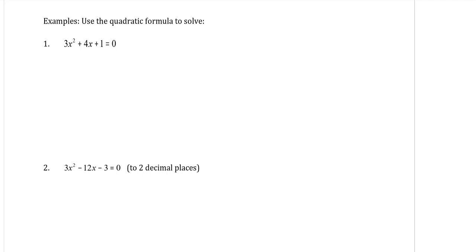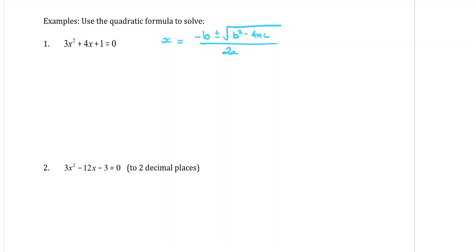So question number 1, our quadratic is 3x squared plus 4x plus 1 equals 0. I'm going to write the quadratic formula down. It's x equals minus b plus or minus big square root of b squared minus 4ac all over 2a.